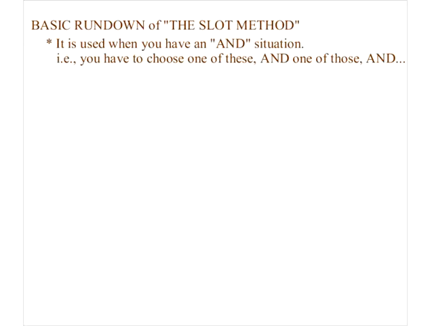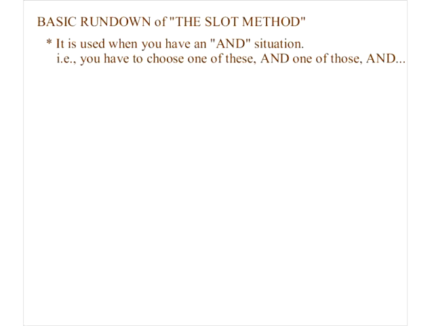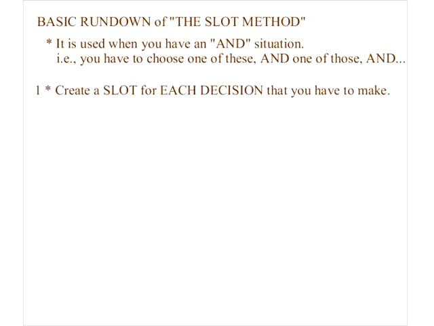So there are going to be 3 steps, but we're not going to have to do the 3rd step all the time. Here's the way it works. First step is you create a slot for each decision that you have to make.